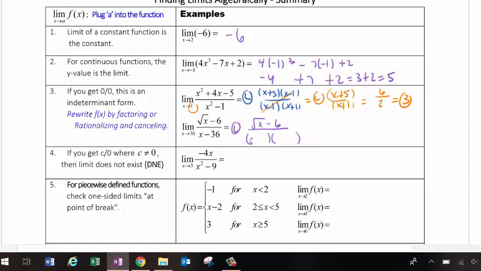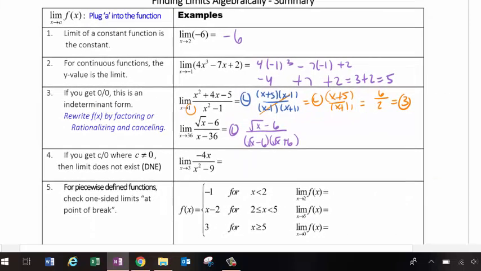This isn't our normal piece, but square root of x minus 6 times square root of x plus 6 would still be a difference of squares. So now these cancel. Be careful, remember there's a 1 left on the top. Now I can go back and plug in the 36. So I end up with the square root of 36, which is 6, plus 6, which is 1 over 12.